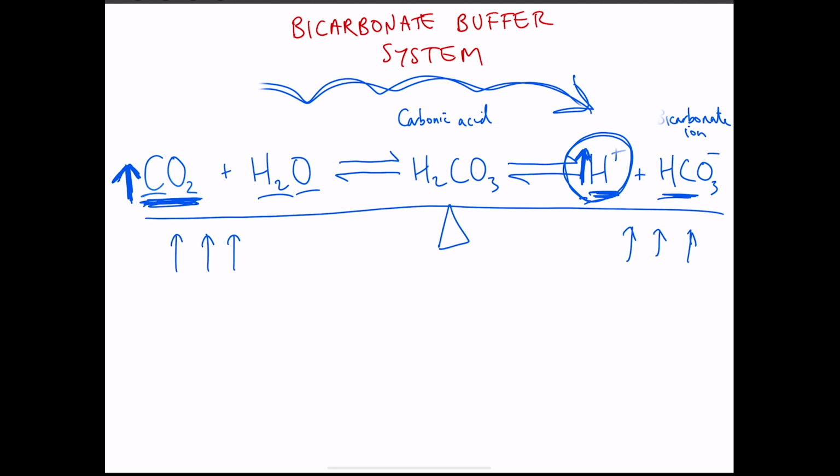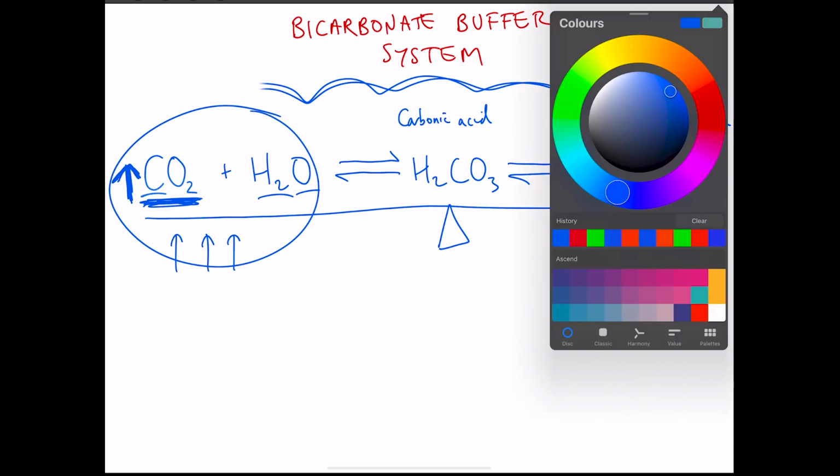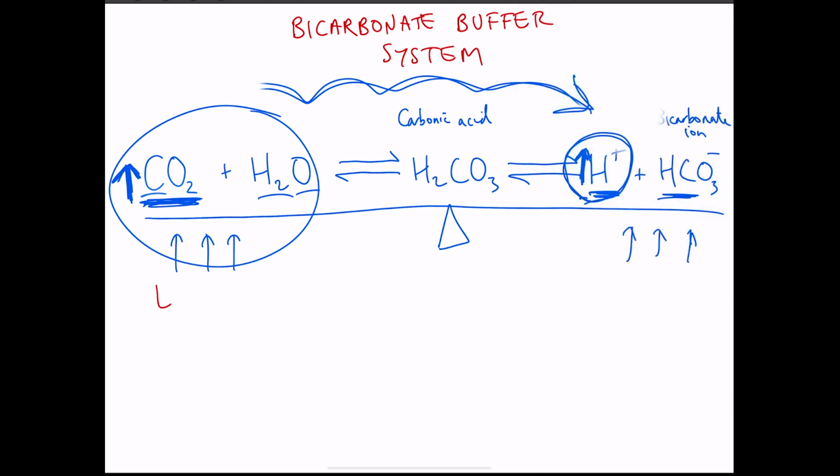Amazingly, this side is basically dealt with by our lungs, our respiratory system. And it shows us that in the very short term, we can manage changes to pH simply by breathing. Breathing can help manage drastic changes in pH. If it doesn't work, this side can do something and go to the kidneys.